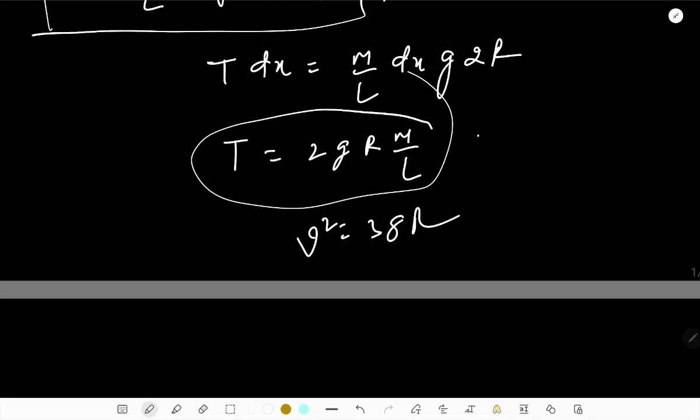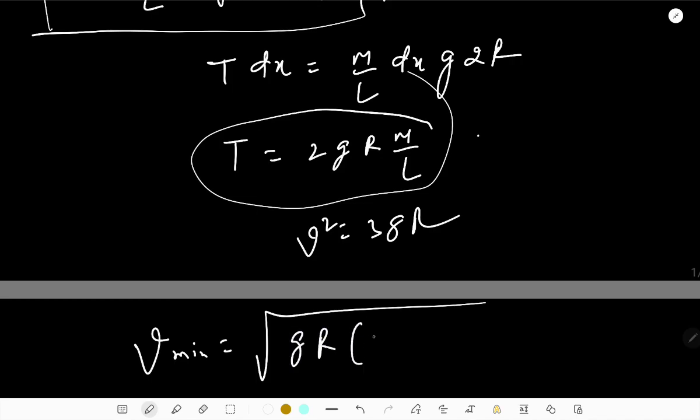And so the minimum velocity required for the train to cross this obstacle is simply equal to under root gr 3 plus 4 pi r upon L.